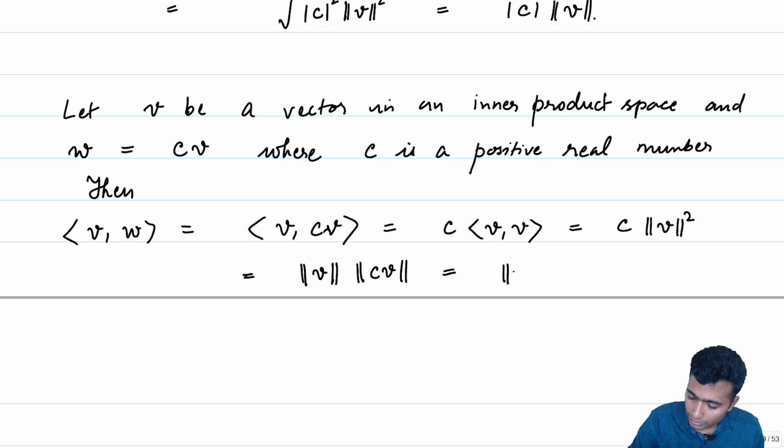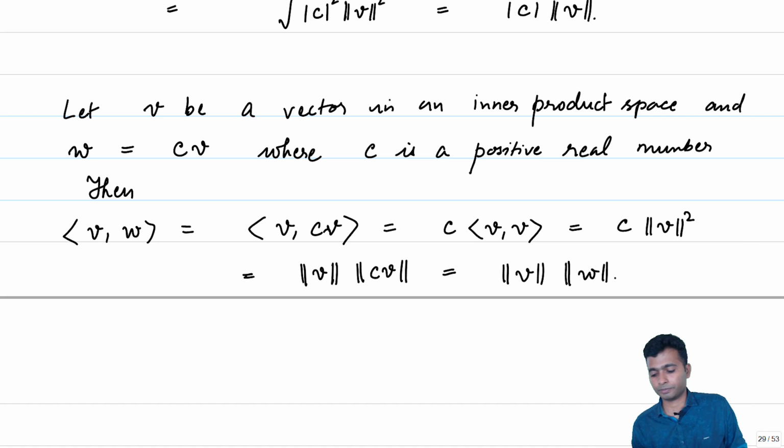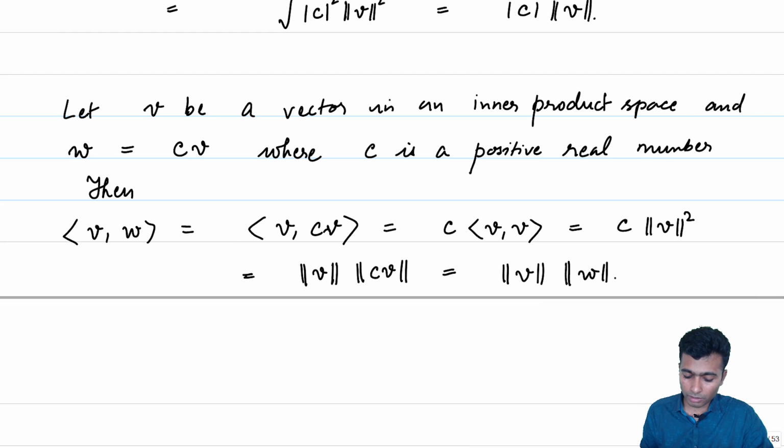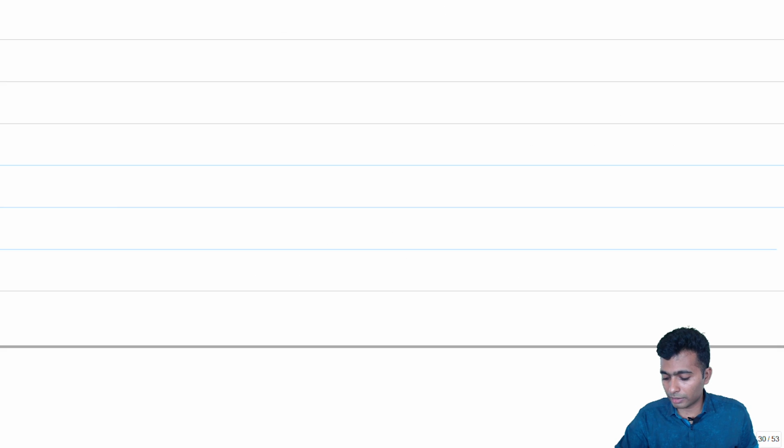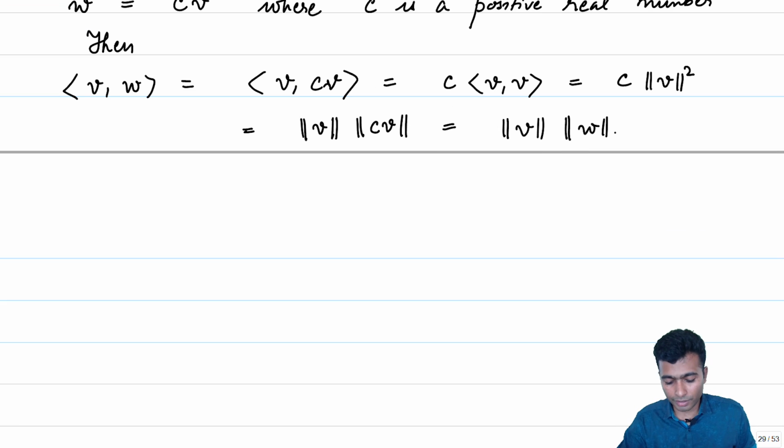And this is nothing but the length of V times the length of W. So, as noted, the inner product of V and W in this case is just the product of the lengths of V and W.